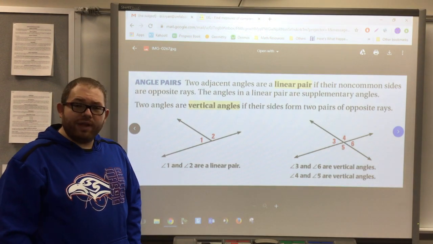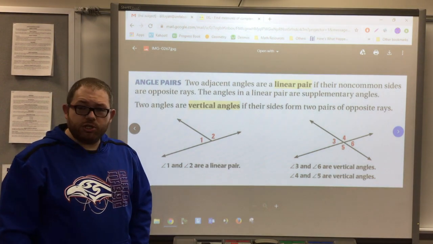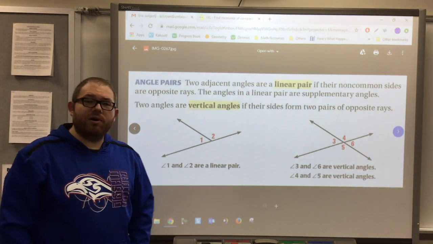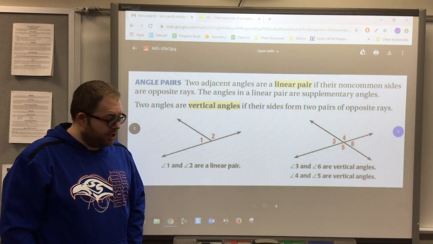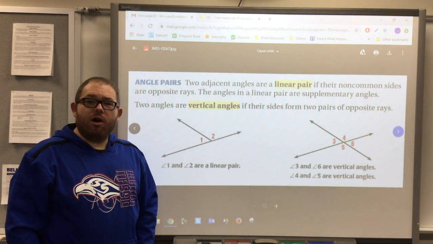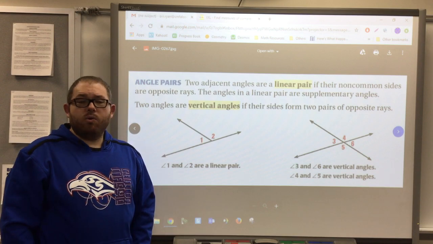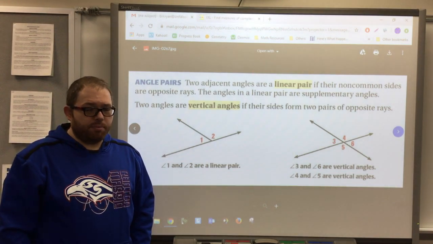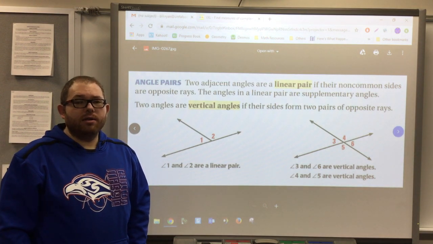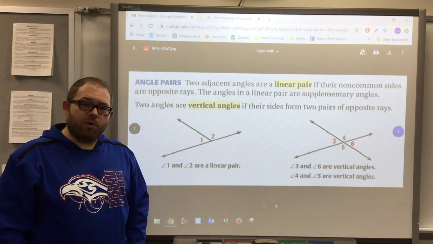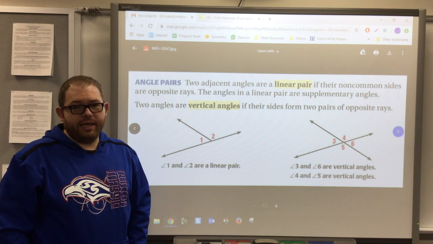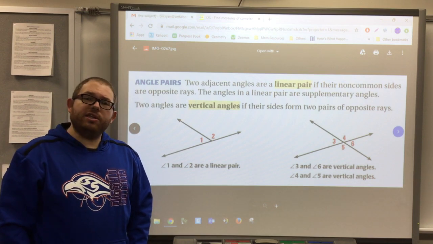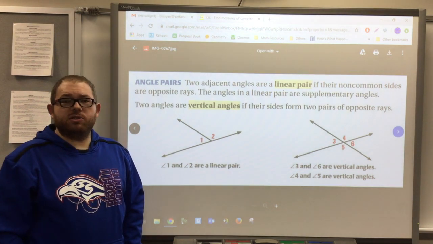Notice how angles 3 and 6 are across from each other, and angles 4 and 5 are across from each other. That's why they are vertical angles. We learned that vertical angles don't add up to something in particular, but they are congruent, which means, of course, that they are equal in measure. So using those terms, we're going to solve some questions.